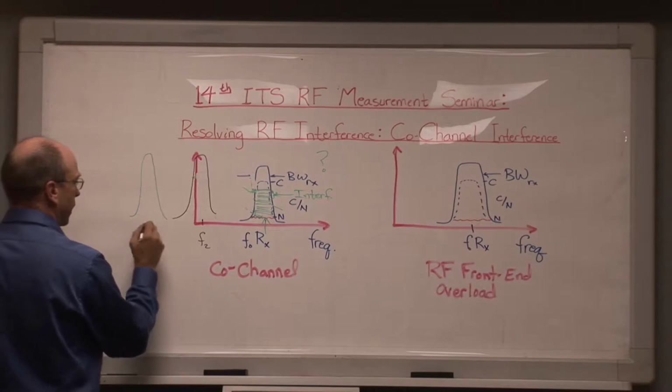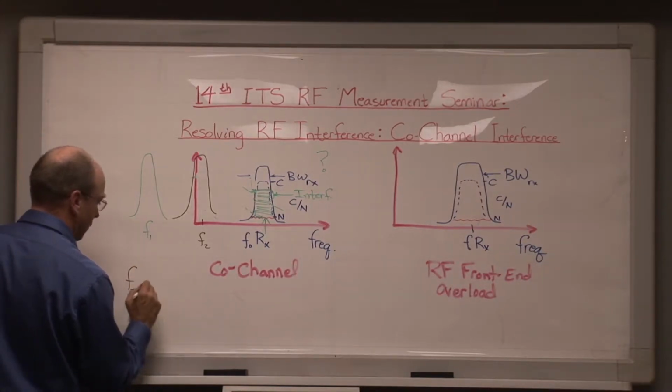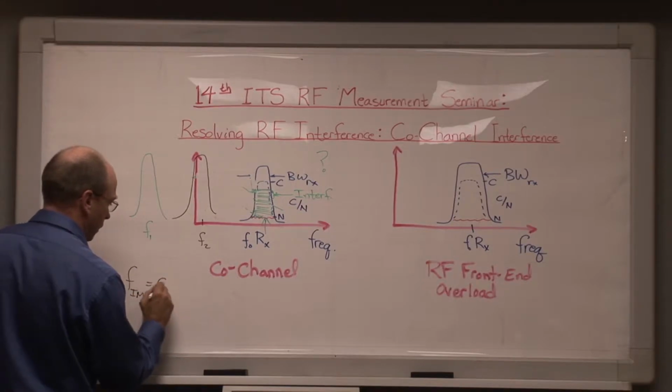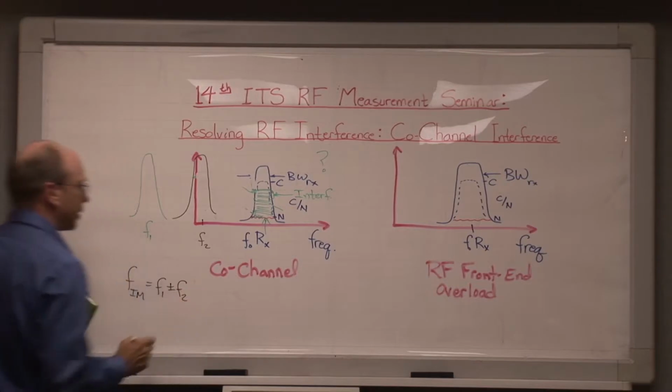And then we get an intermodulation product where the frequency of the intermodulation product is equal to the sum and the difference of F1 and F2.